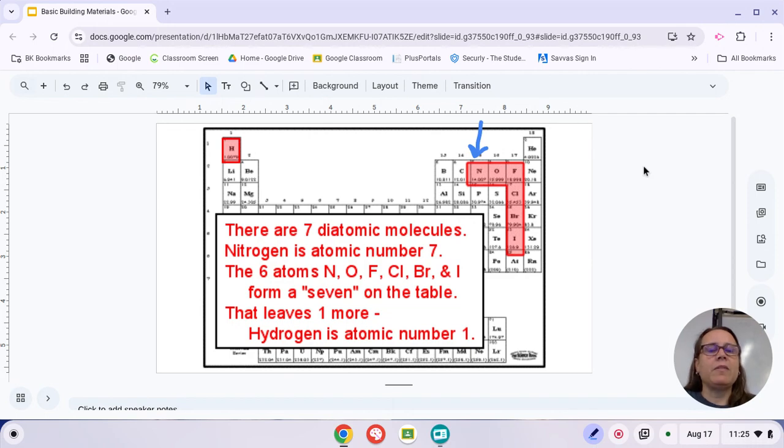And then we draw a 7. So you can see the 7 there drawn on the periodic table. Start at 7, draw a 7, and then the 7th is hydrogen. So you have to come over here to this side and pick up hydrogen. Okay? Start at 7, draw a 7, the 7th is hydrogen. These are our diatomics.